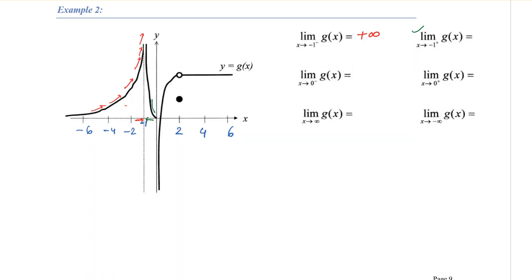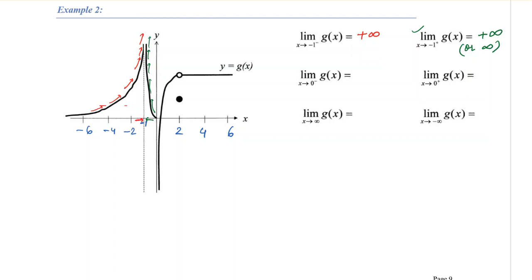We can see that again the y value is approaching infinity. So again we say that the y value is plus infinity, or you can just write infinity. I'm putting positive to show that it's going towards positive infinity, same thing. All right, let's move on to our next part.